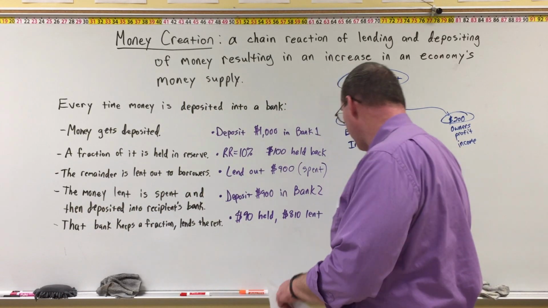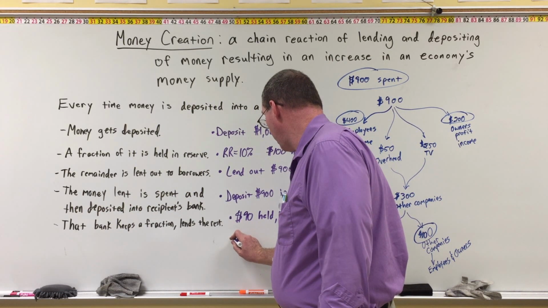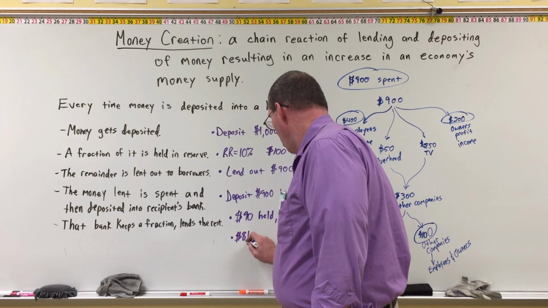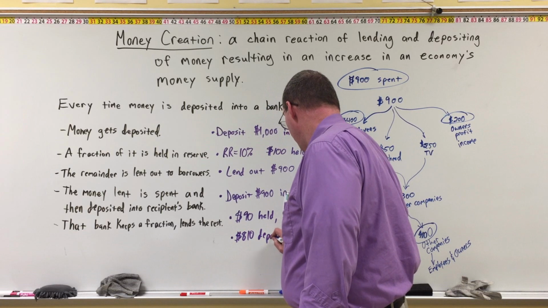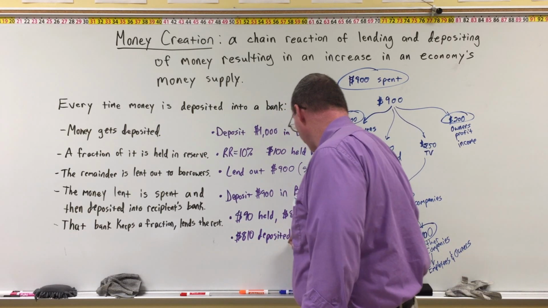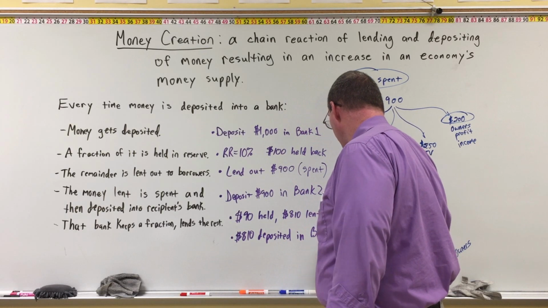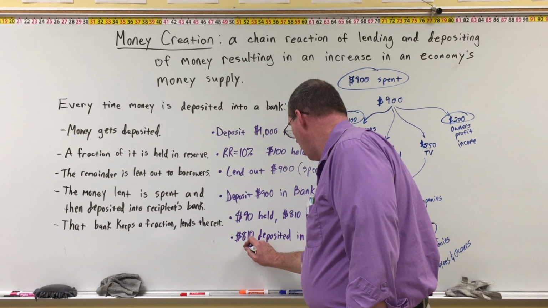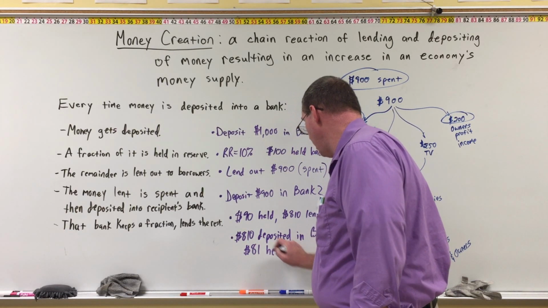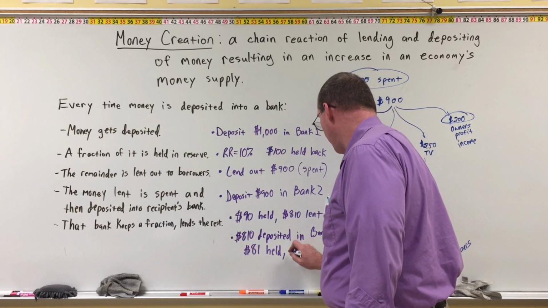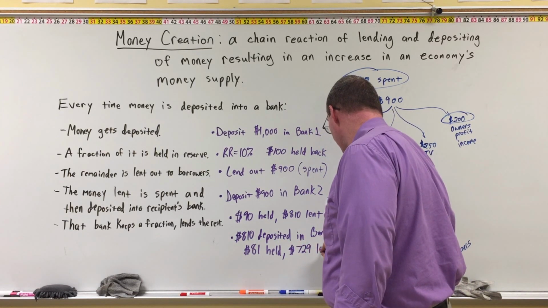And so the next thing that's going to happen is, that $810 will be deposited into Bank 3. Then Bank 3 will hold $81 because that's 10% of 810, and they will loan out $729.